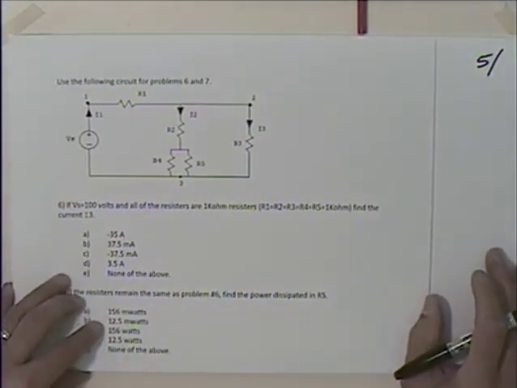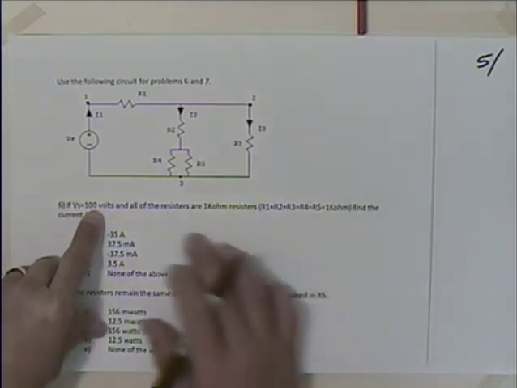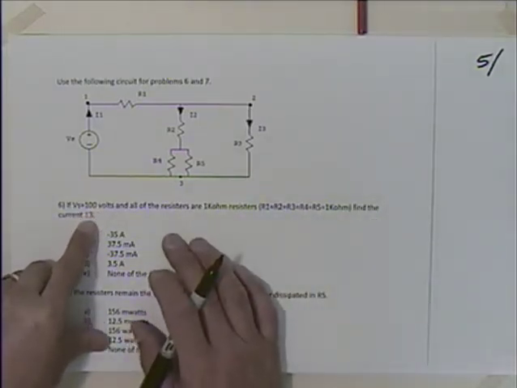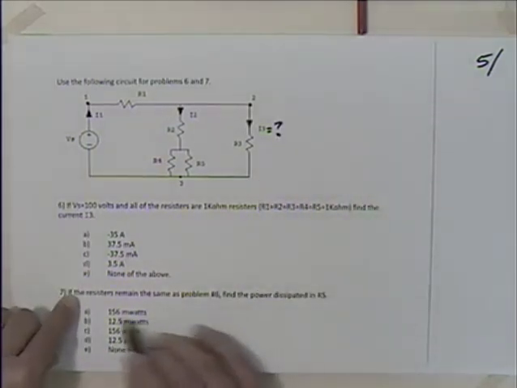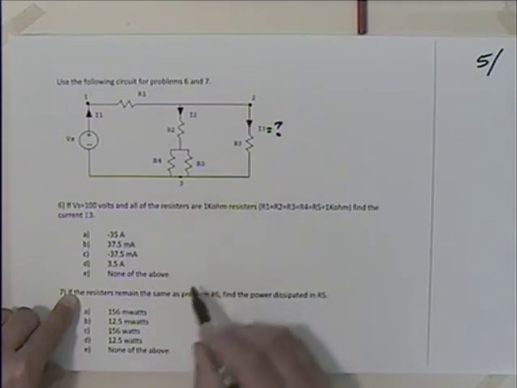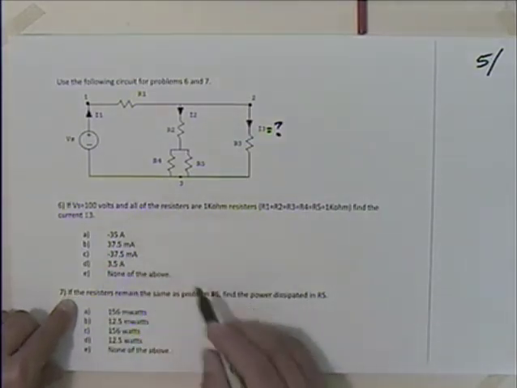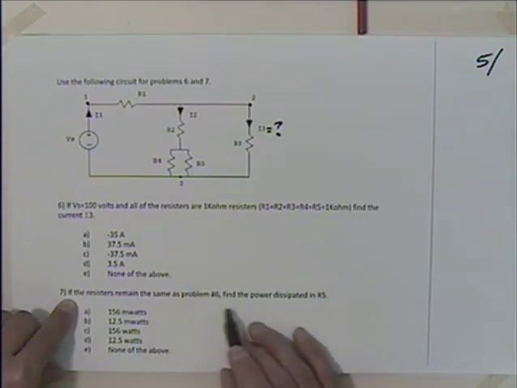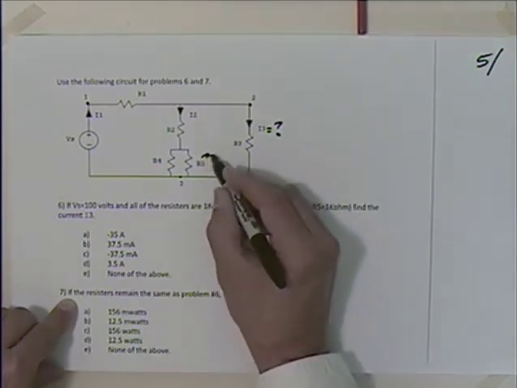6 and 7. Using the following circuit, if Vs is 100, find current I3. So we're looking for that one. And eventually we will. Whenever we have a couple problems, I always make sure that I do it in such a way that I can get the answers the fastest. So we'd like to find the power dissipated in R5.